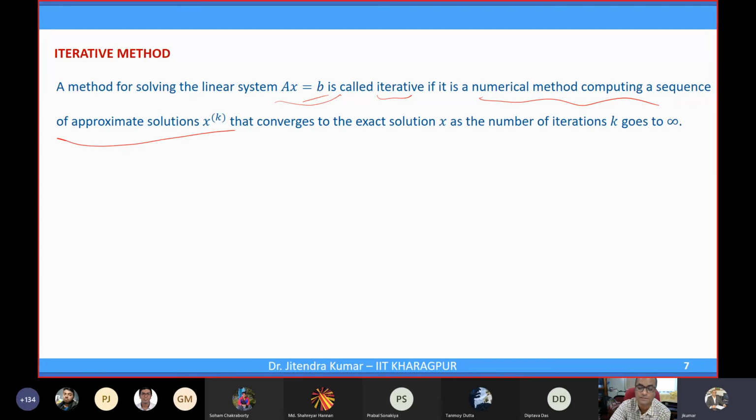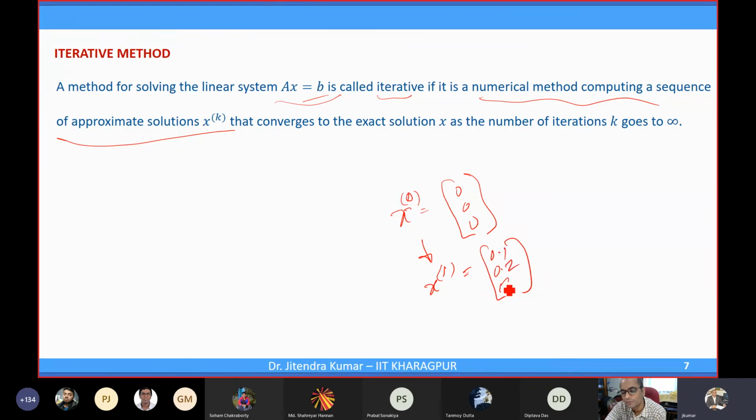If it is a numerical method, you will be getting approximations, not the exact answer. What do we mean by convergence? We start with x0, the initial guess. If it's a 3 by 3 system, we take some initial guess, let's say 0, 0, 0. Then by some scheme we compute the values after the first iteration. They will of course change, you will get some other values, and so on, and you will keep computing that.